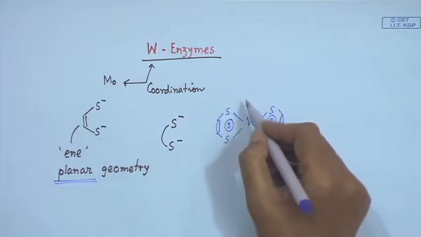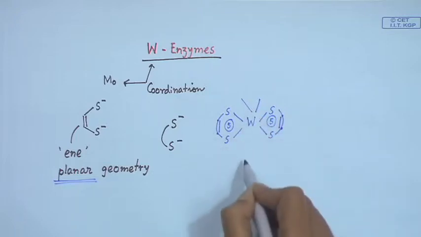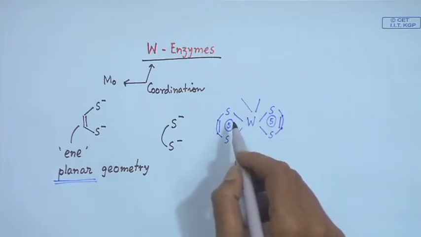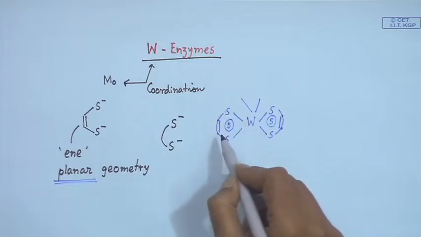So, when two more groups, that means one group from here and another group from here or from the bottom, come into the picture, distortion takes place within the entire planar geometry.